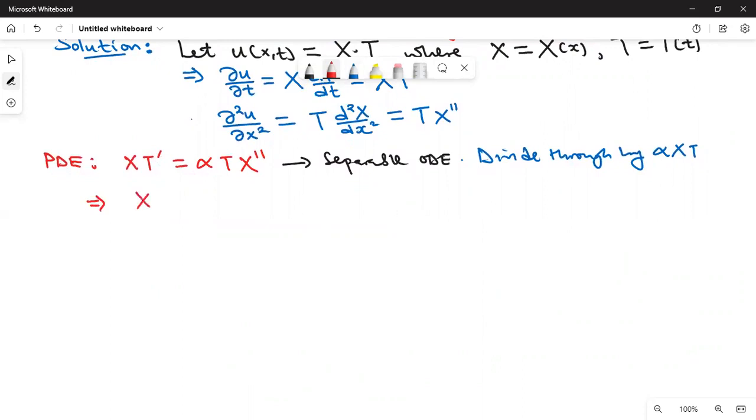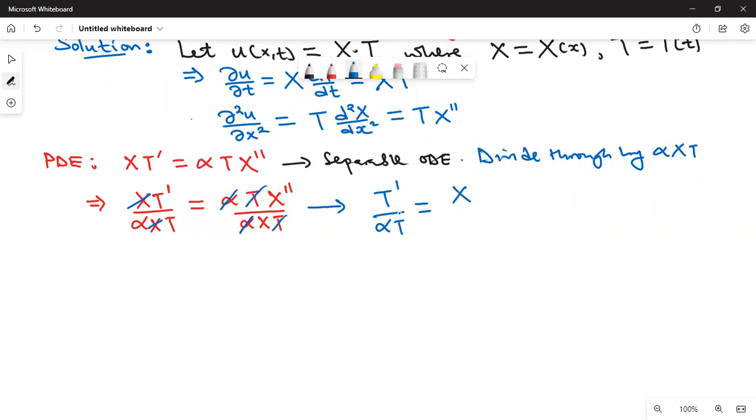Remember it is X T prime over alpha X T equals alpha T X double prime over alpha X T. And so we can simplify this one. You see the X will cancel with the X, so we have T prime over alpha T equals, alpha will cancel, the T will also cancel out, so we have X double prime over X.